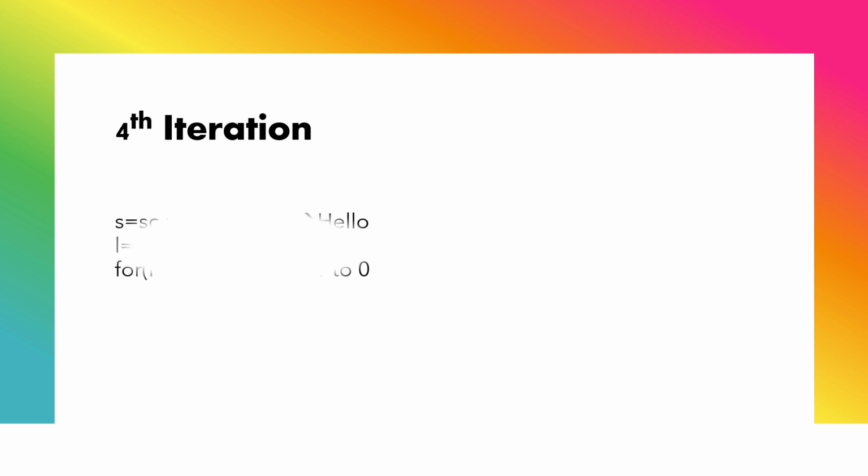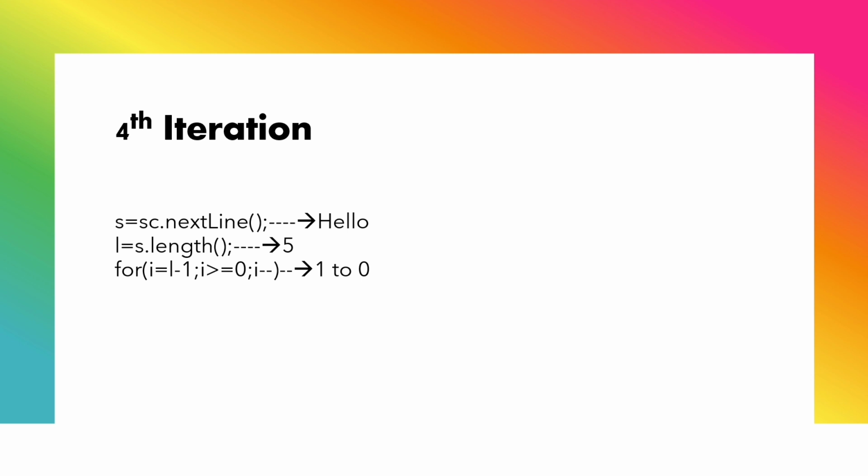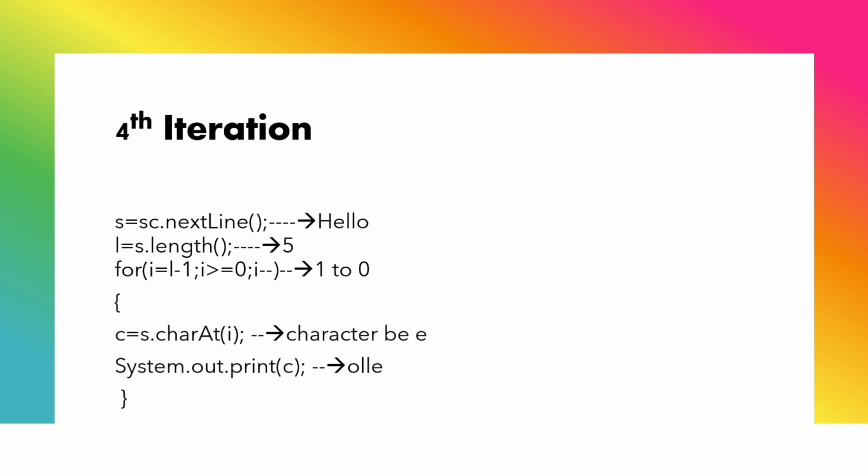So in the fourth iteration, here you can see the steps: we have calculated the length, and we are going from 1 to 0. Then we will be slowly picking the character from where? From 1 to 0, right? Because we are moving backwards. So backwards we are going to calculate the character. Here the character will be E from the back onwards.